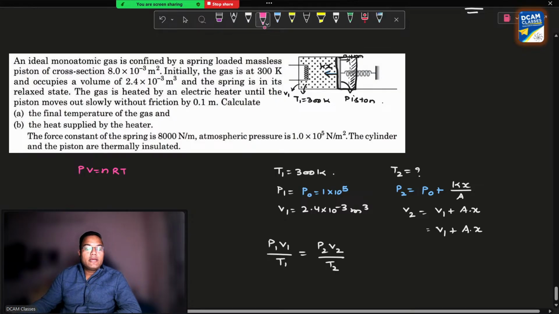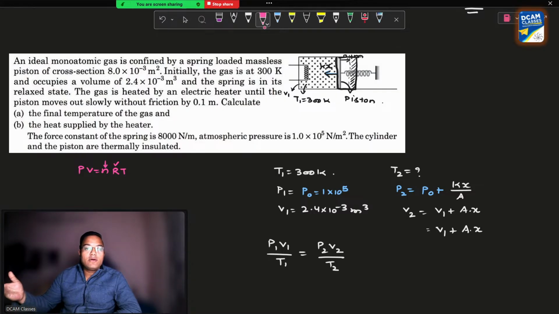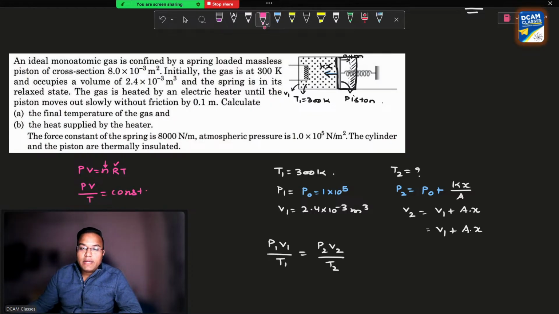Number of moles is not changing, since no gas escapes or enters, and R is constant. So PV by T will be constant. Using this, you can find the unknown temperature because everything else is given, X, A, everything.